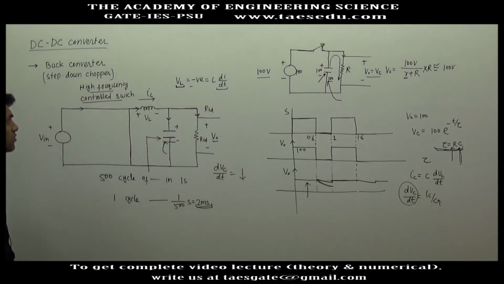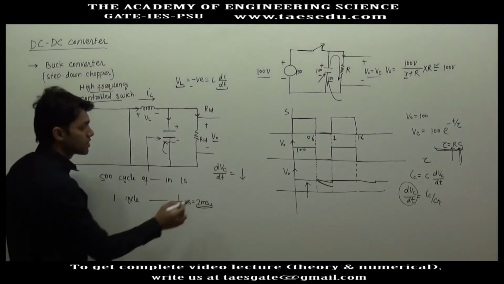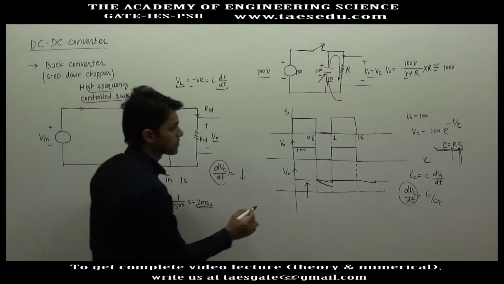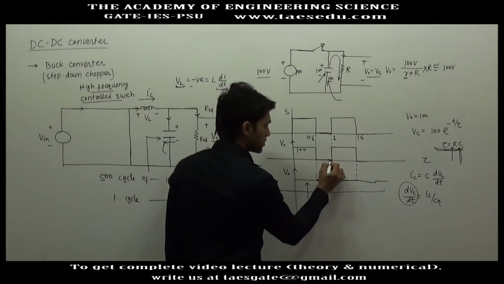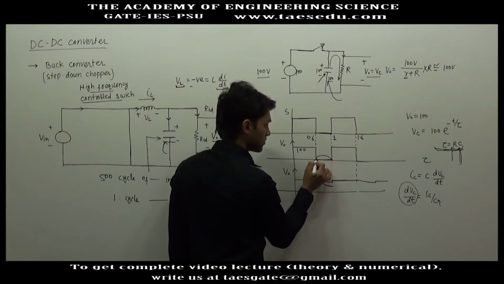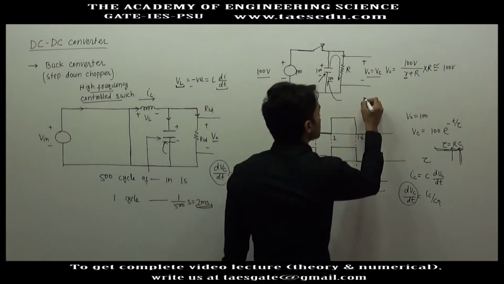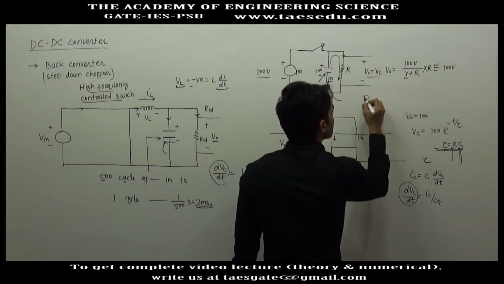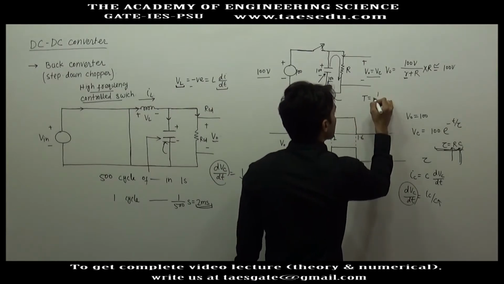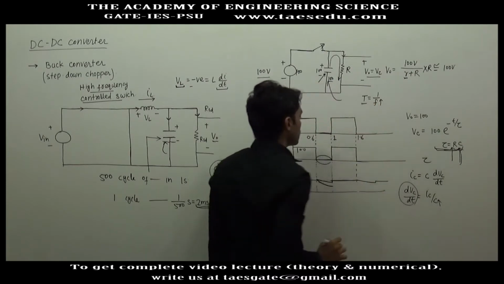And since you are giving very less duration to decrease this voltage, the switching frequency is high. If the switching frequency is high, the duration of the switching cycle, which is 1 upon f, will be less.